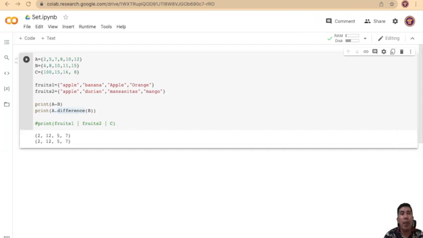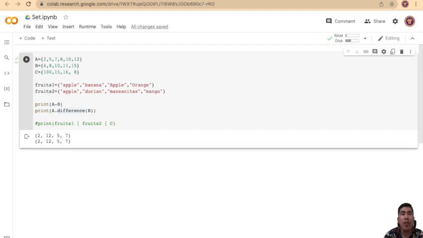Now, what about symmetric difference? Symmetric difference is a set of elements that are in either A or B, but not in their intersection. Meaning it is going to omit the elements that are common to both sets.